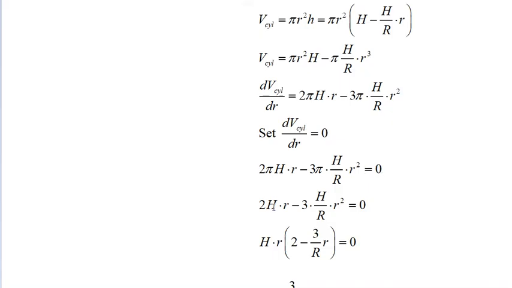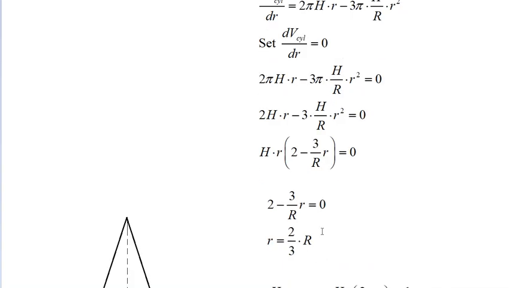Divide everything by pi, and we end up with this. The common factor is H r, so we get H r times 2 minus 3 over big R times small r, which is equal to 0.